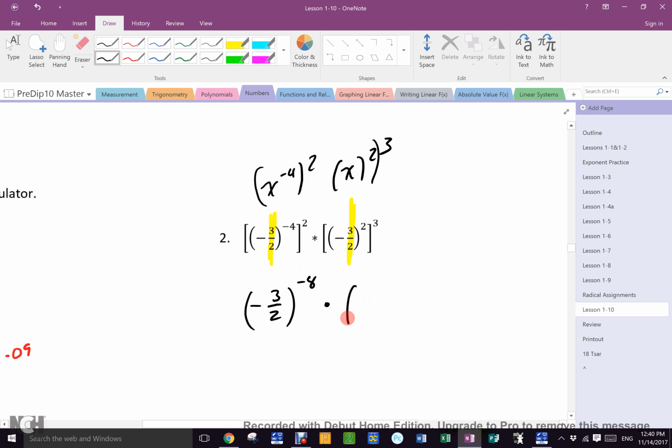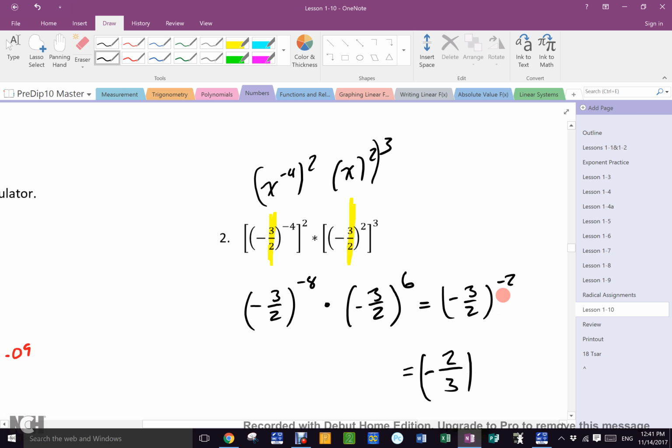-8 times -3/2 to the what? 6. What do you do with them? Add them to get -3/2 to the -2. Are negative exponents allowed? No. What do they do to fractions? Flip them. Does it change this?